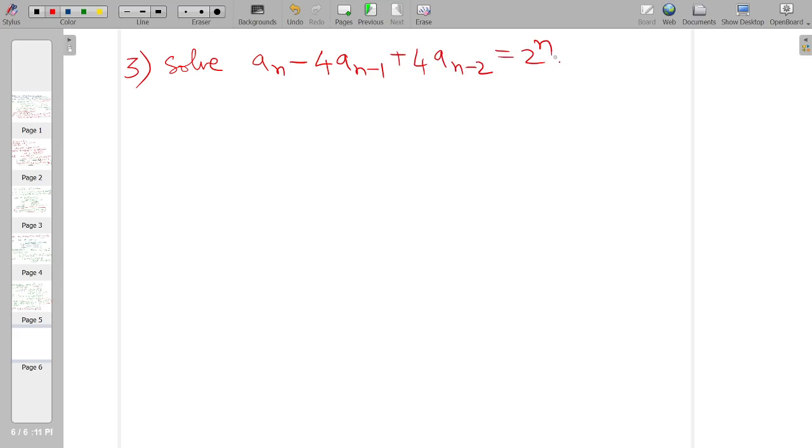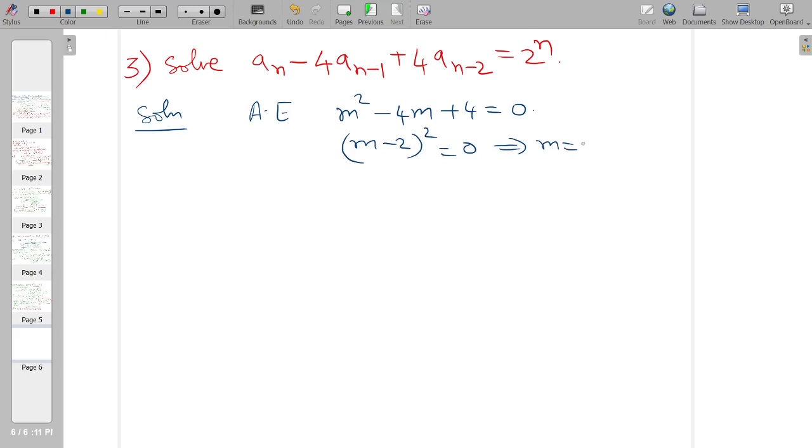Okay, so now I have a_n minus 4a_{n-1} plus 4a_{n-2} is equal to 2^n. As usual, let me first find the auxiliary equation. The auxiliary equation would be m squared minus 4m plus 4 is equal to 0, or (m minus 2) the whole squared is equal to 0, which gives you m is equal to 2 twice.